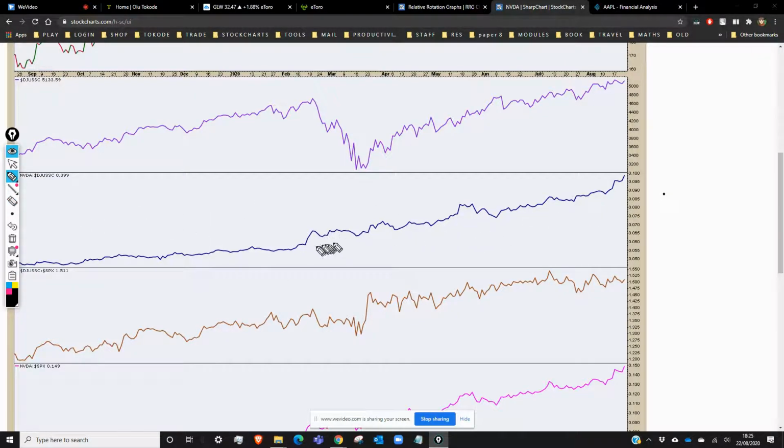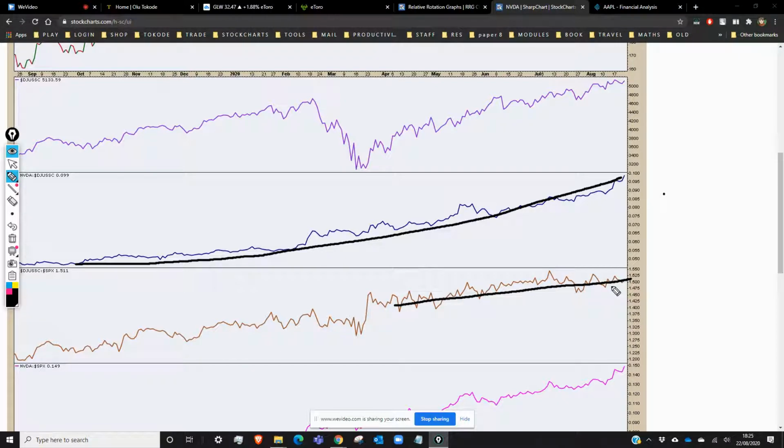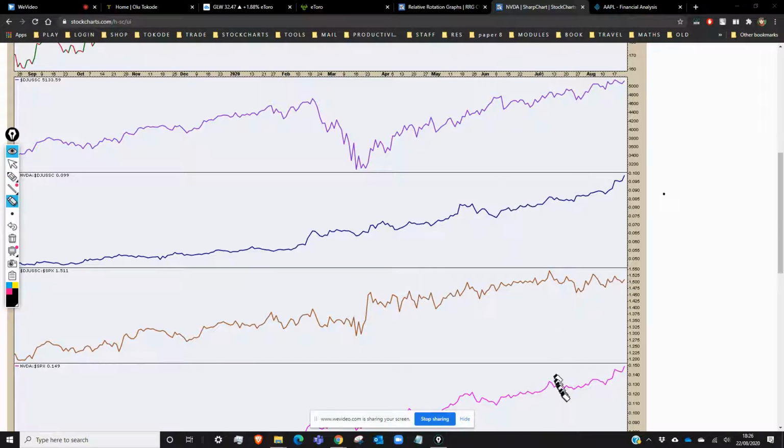Nvidia, look at this. Nvidia has been outperforming that industry since forever. That industry, semiconductors, is outperforming the S&P ever so slightly. It's not a very great outperformance, but it is outperforming, and Nvidia is outperforming the S&P. So I'm definitely going to include that in the portfolio.